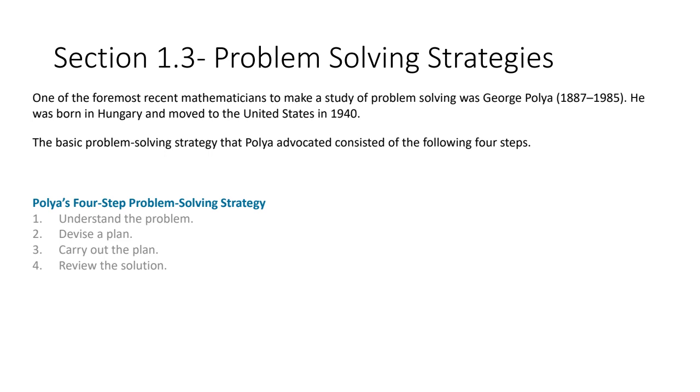Number two, devise a plan. Once you know what you're looking for, this is where you have to think: should I multiply? Should I add? And at this point, it's a good idea to carry out the plan. Often in mathematics, we don't find the answer immediately.